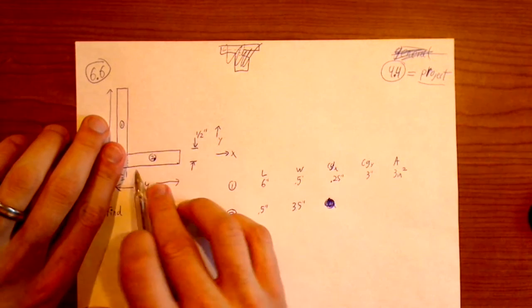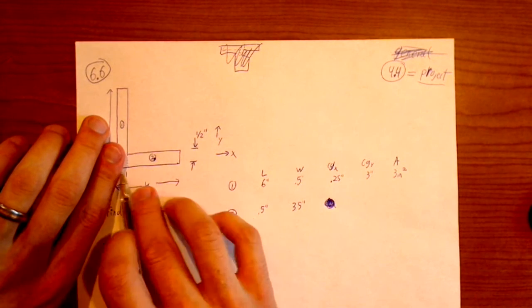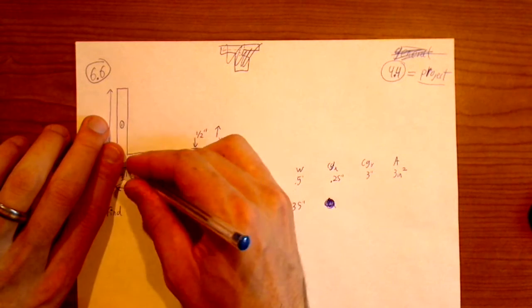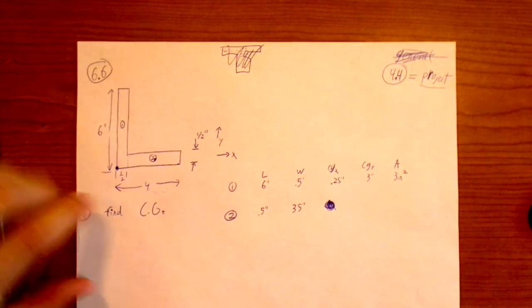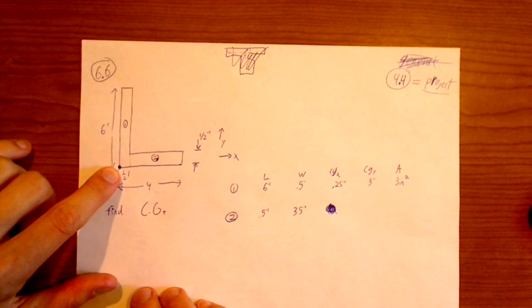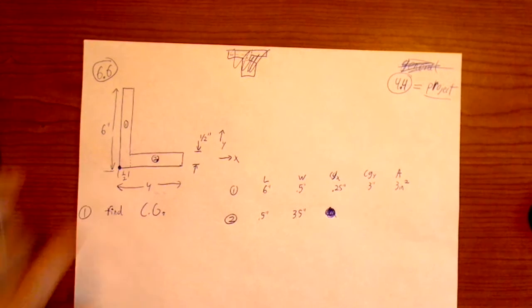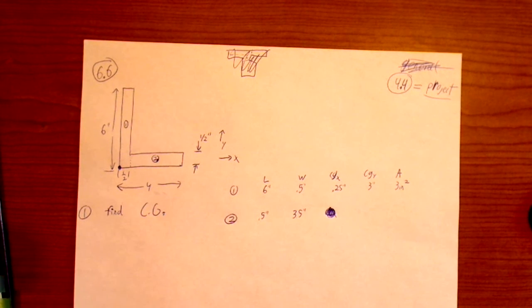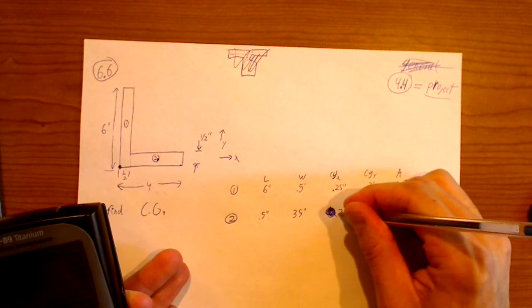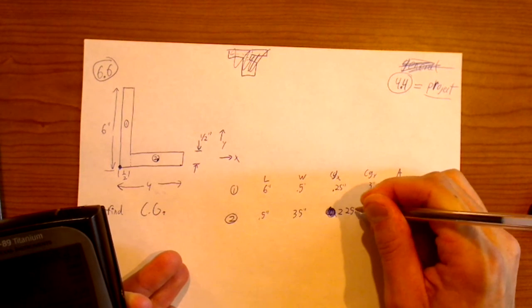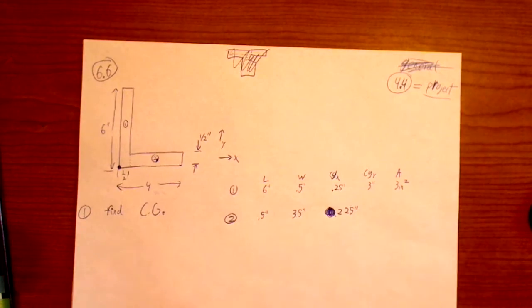So some people would write 3.5 inches wide, so 1.875 or whatever from here. Not correct. You want the center of gravity relative to the entire system. So that would be 3.5 over 2 plus 0.5, 2.25 inches.